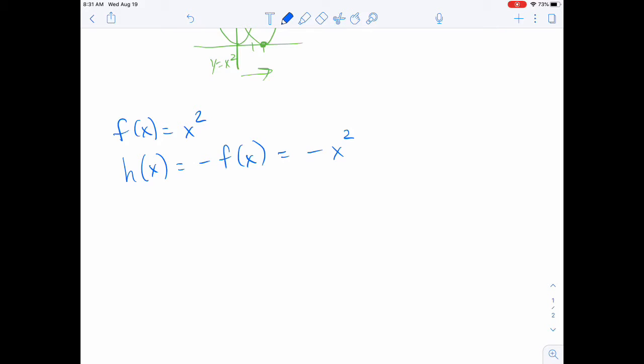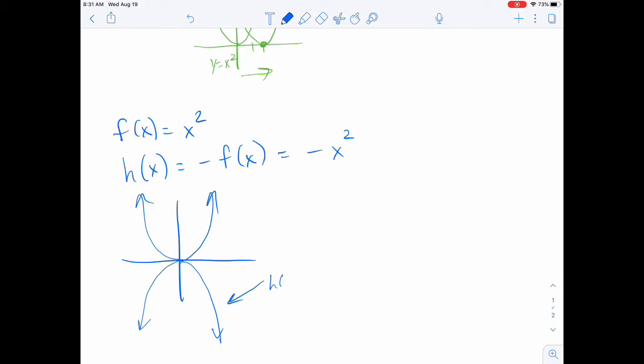So now, instead of having the original parent function like this, we've taken every y value we get, and we make it negative. Every y value then becomes negative, and it does. So this would be that h of x function down here.